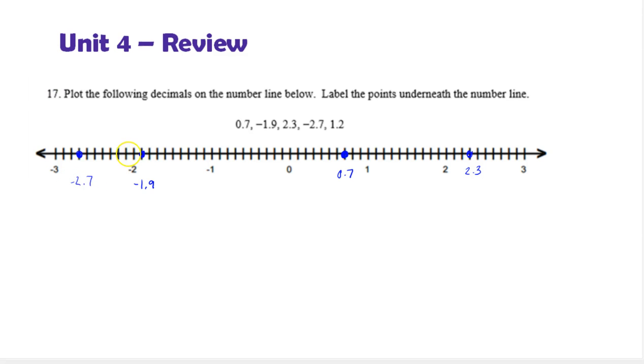Or you could count 1, 2, 3, 4, 5, 6, 7 to the left of negative 2. And finally, 1.2. I'm going to start at 0, go to 1, and then go 2 tenths more to the right. And label that 1.2.